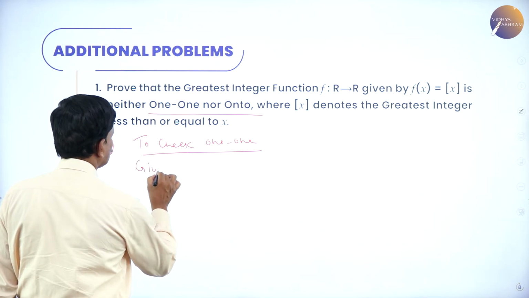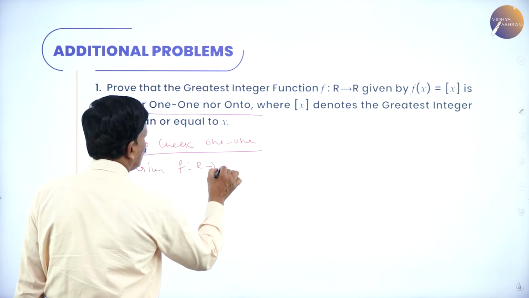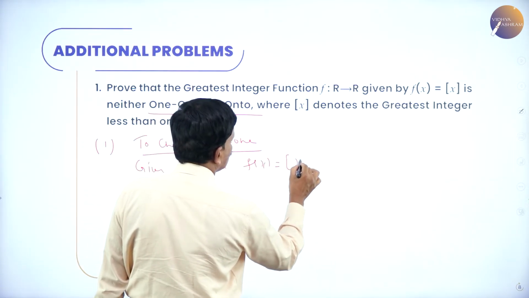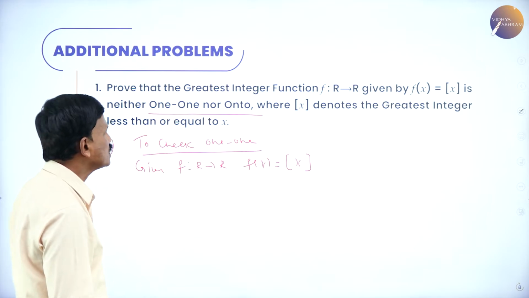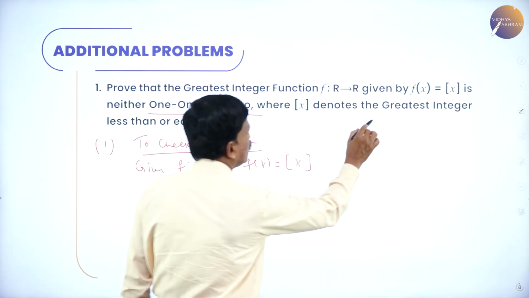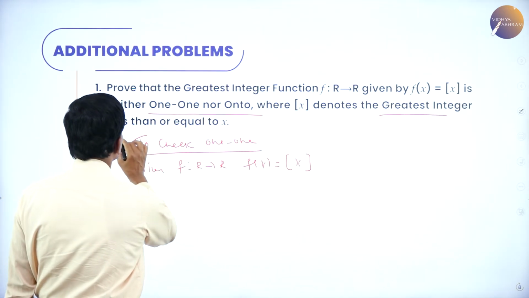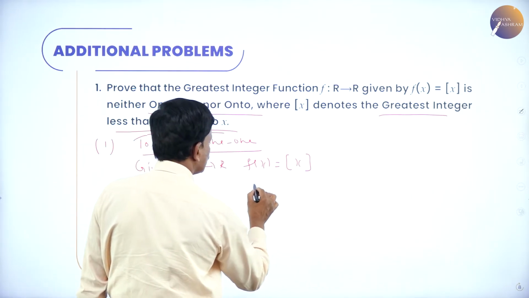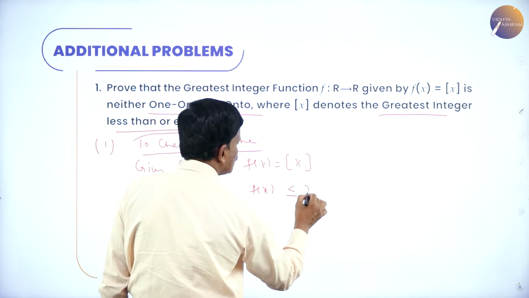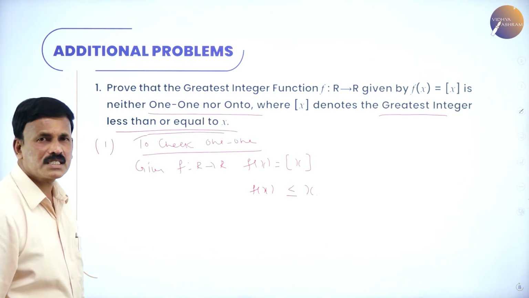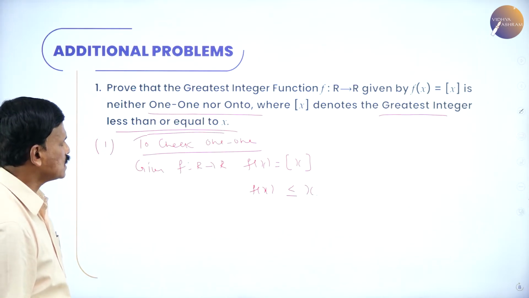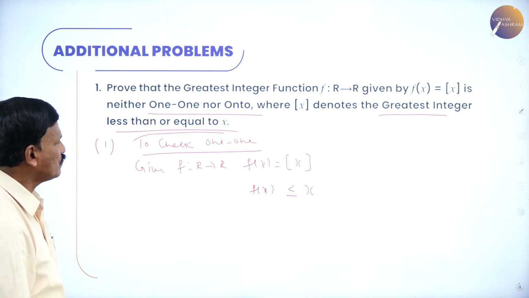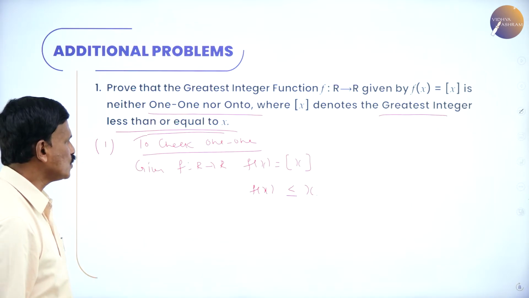Given f from R to R is given by f of x is equal to the greatest integer function of x, and it is defined as the greatest integer less than or equal to x, which implies f of x is less than or equal to x.